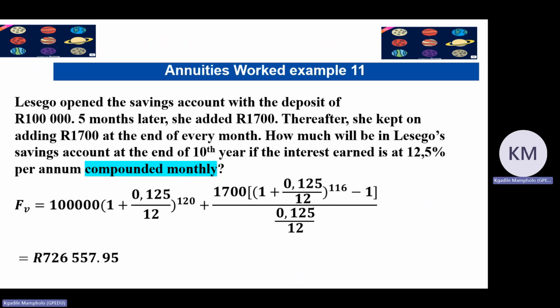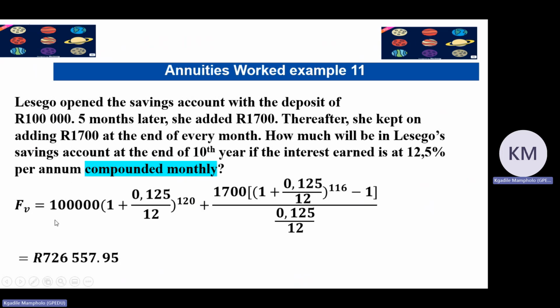in this case would be, now, the reason why we added this using the formula that we used in grade 11, is because this 100,000 rand was a once-off payment. So it's not an annuity.